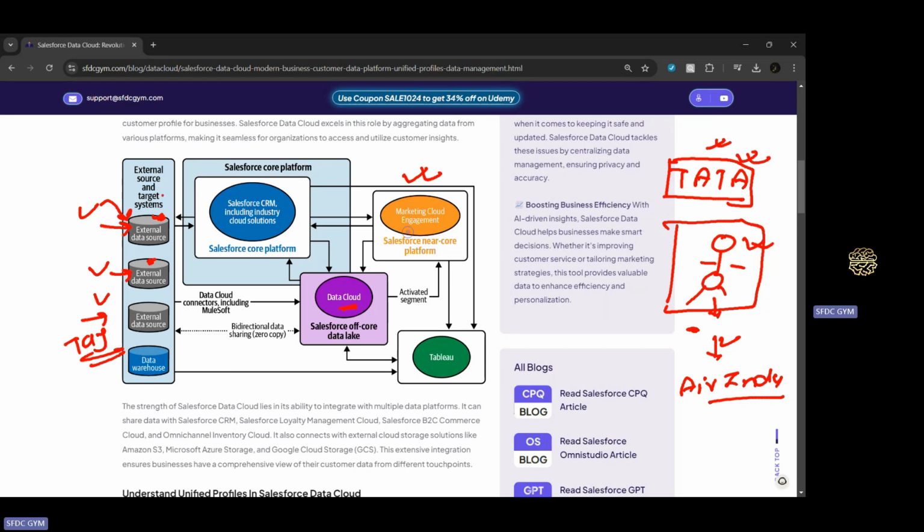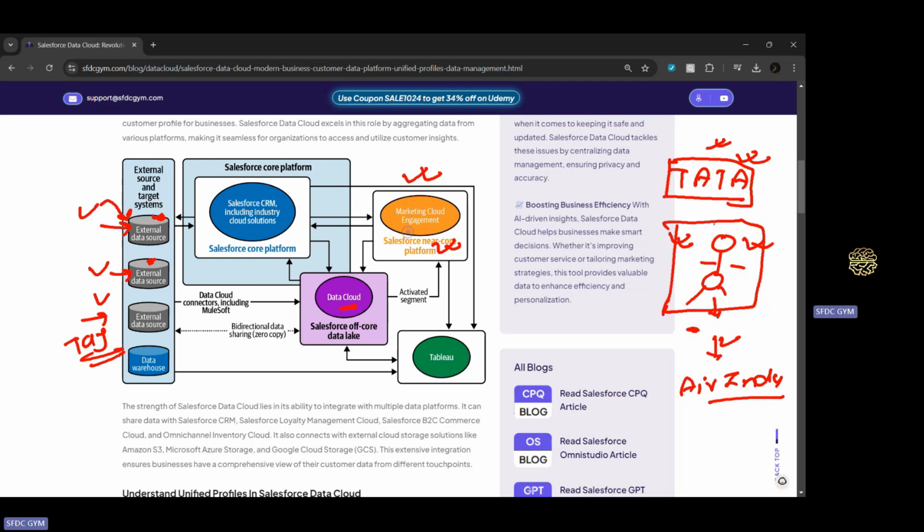And how you will do it, that we will try to understand in these upcoming lectures. Basically, all this information which is coming from multiple systems, Data Cloud is trying to utilize, and based on this information, it is doing some marketing promotions. In this entire architecture, there is a very important key point, which is to identify your customer.